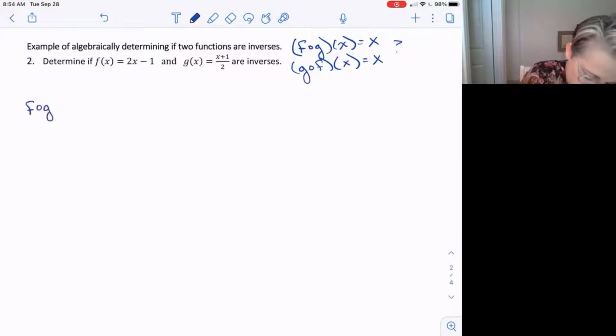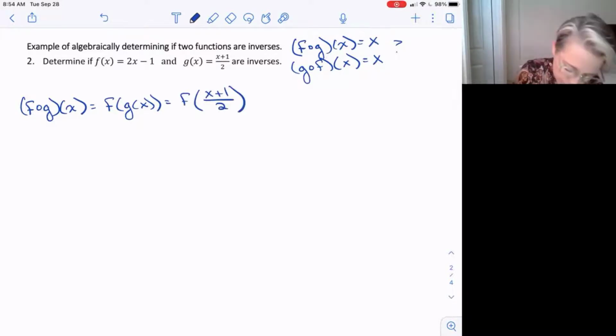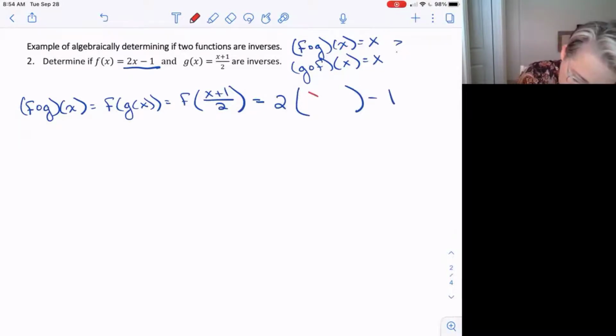So remember, f of g means f with g of x being input. We replace that with the function (x plus 1) over 2. And now we're actually going to put that into the f of x equation. So 2 times (x minus 1). So instead of x, we're putting in the entire g of x function.